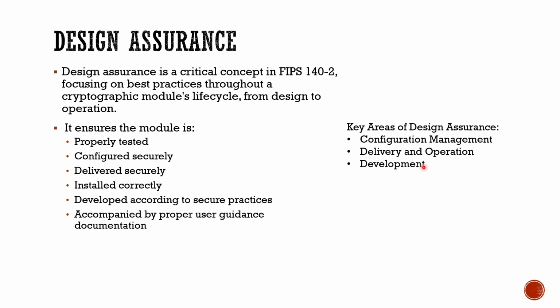Inside the development phase, it basically focuses on securing the development of the module's functionality. There are different security levels here. In level 1, mapping between the design security policy and the source code is done properly.